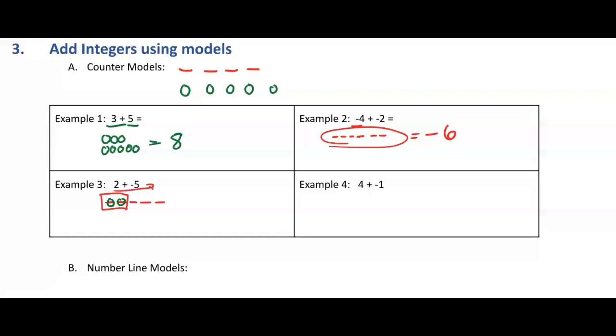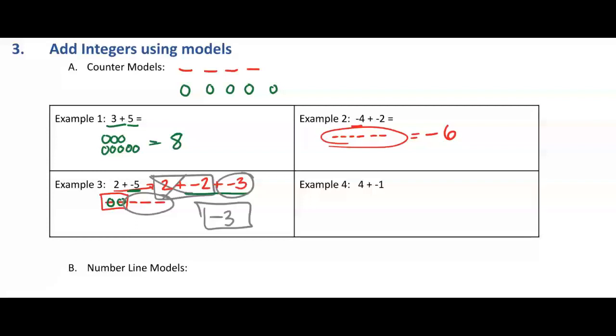I could think of this as rewriting this 2 plus negative 2 plus negative 3, with negative 2 plus negative 3 being our negative 5. And then my positive 2 and my negative 2 cancel each other out, leaving me negative 3 remaining.